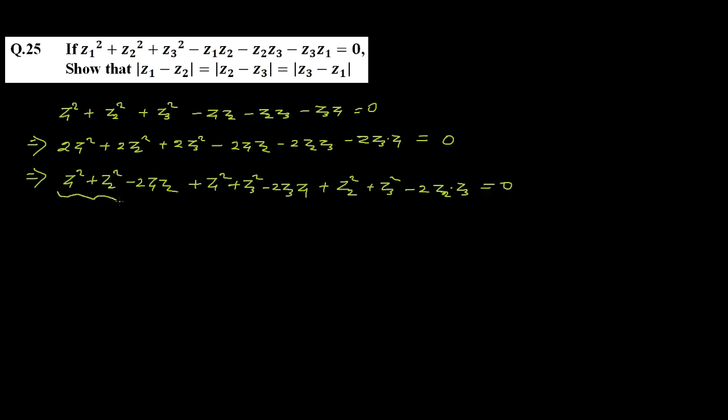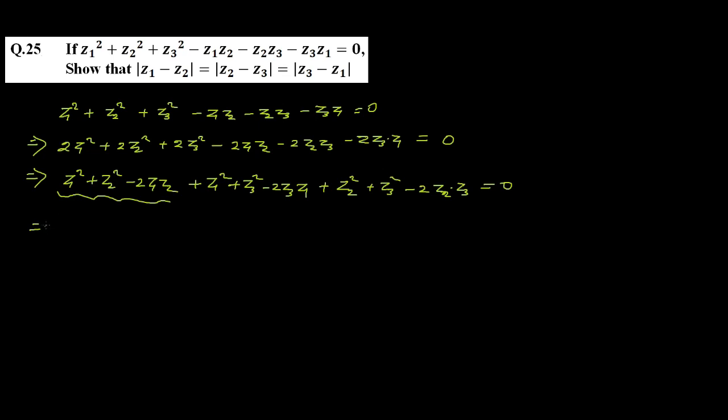And if you see, this part is the same as (z2 − z1)², or we can also write (z1 − z2)², there is no issue.